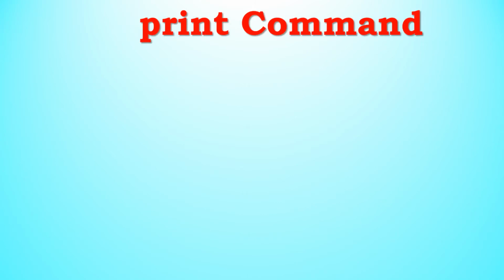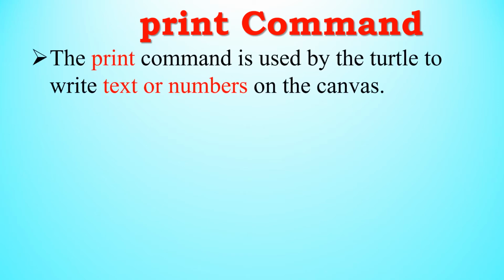Next, we are going to see print command. The print command is used by the turtle to write text or numbers on the canvas. Let us see the example for the print command. First, we are going to set font size as 60 and print 85.